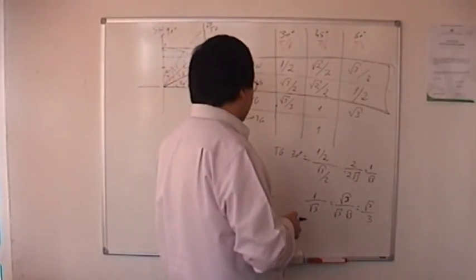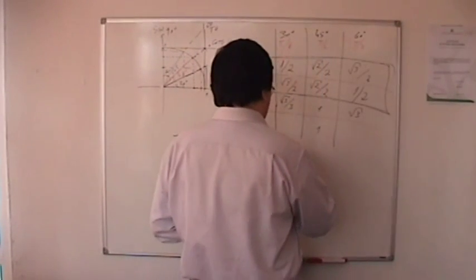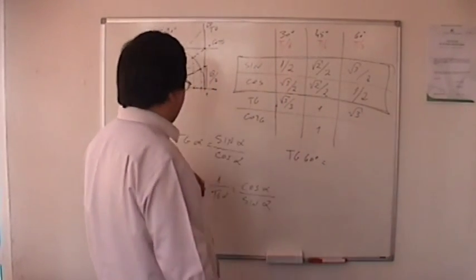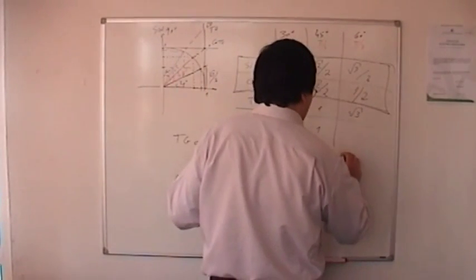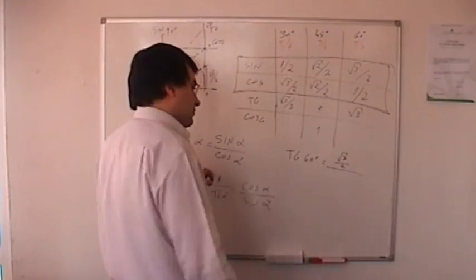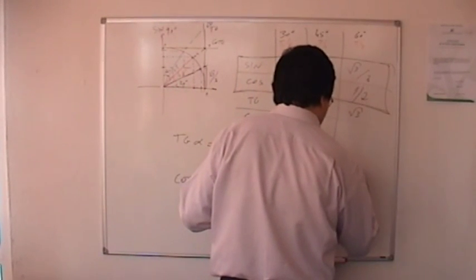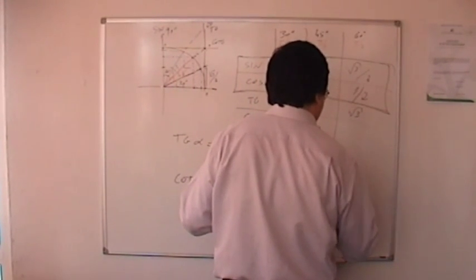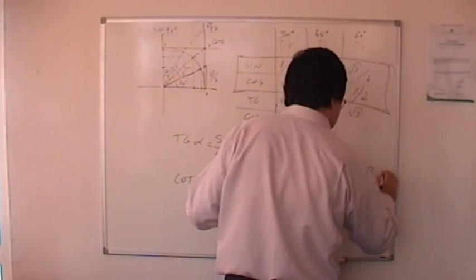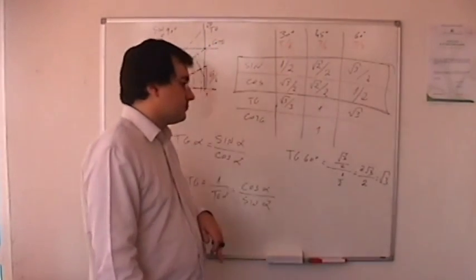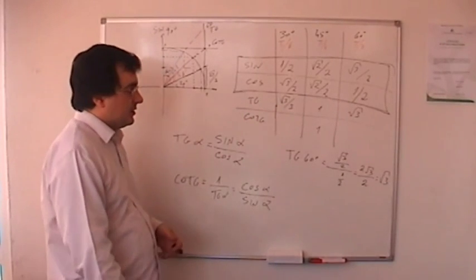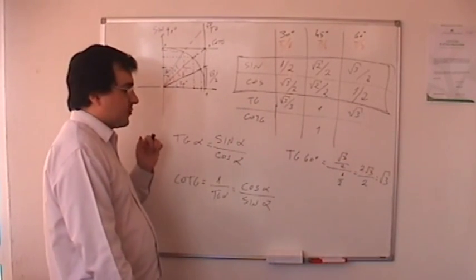For 60 degrees, we'll have tangent of 60 degrees equals sine of 60, which is square root of 3 over 2, divided by the cosine, which is 1/2. So this will be 2 square root of 3 over 2, which is square root of 3. So you can get these values easily from this expression here.